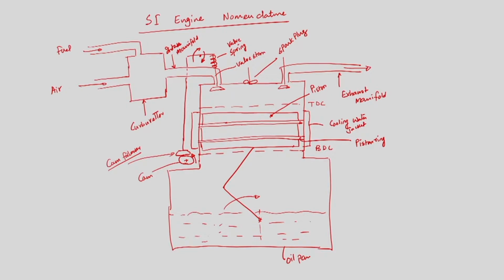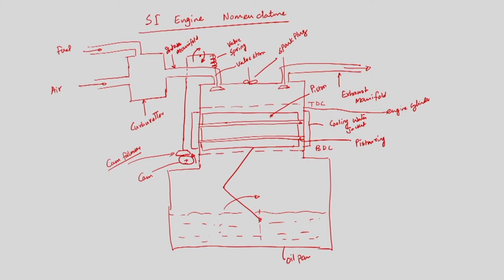Of course, this is the engine cylinder. There will be reciprocating motion of the piston within the engine cylinder, which is converted to rotary motion by means of the crank and connecting rod mechanism. This is the oil pan, and here we have lubricants.